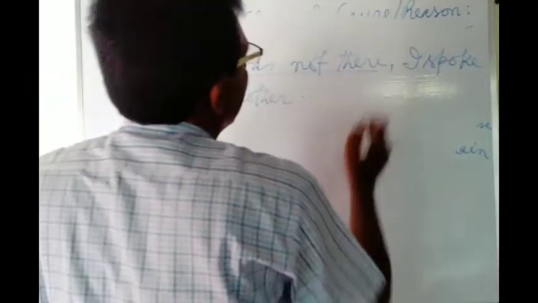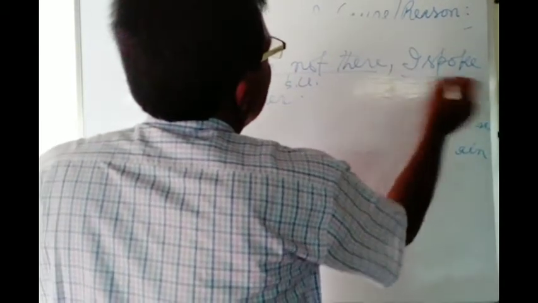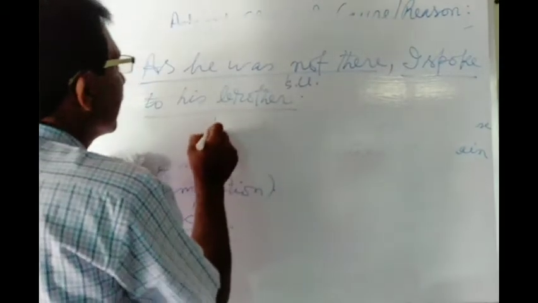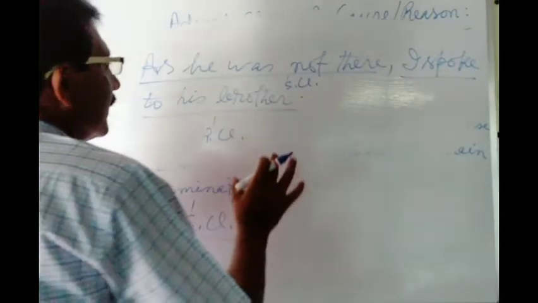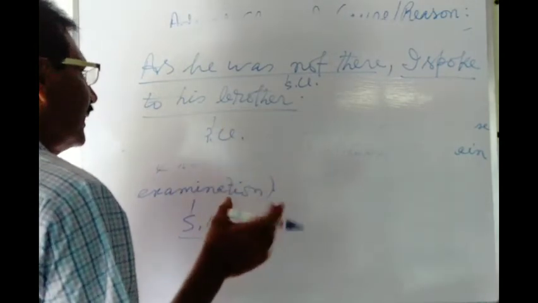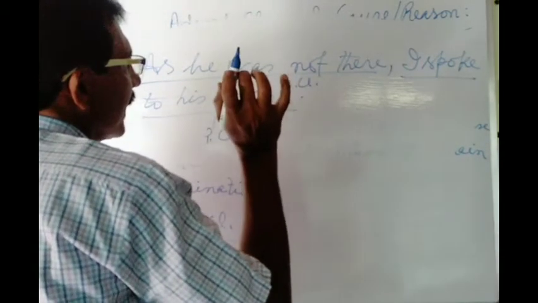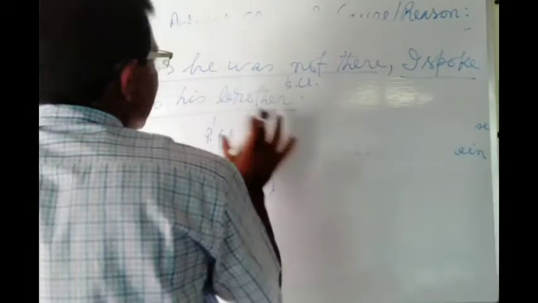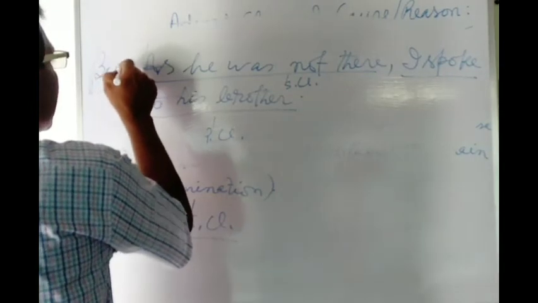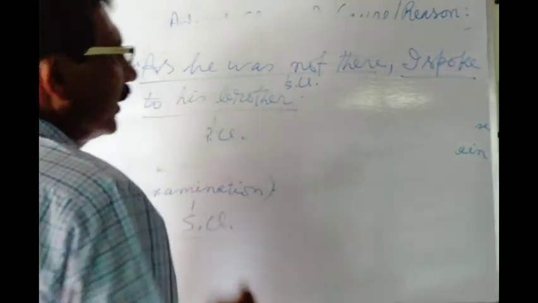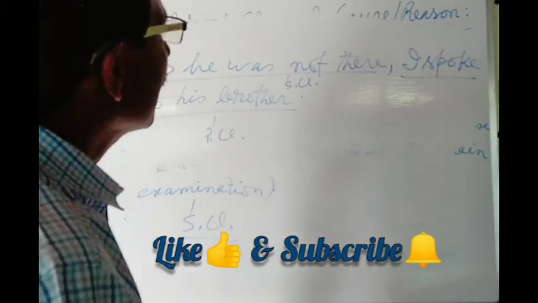As he was not there, this is the subordinating clause. I spoke to his brother, this is the principal clause. I spoke to his brother. Why did I speak to his brother? Because he was not there. I spoke to his brother because or as. In this way, you may use the adverb clause of cause or reason.